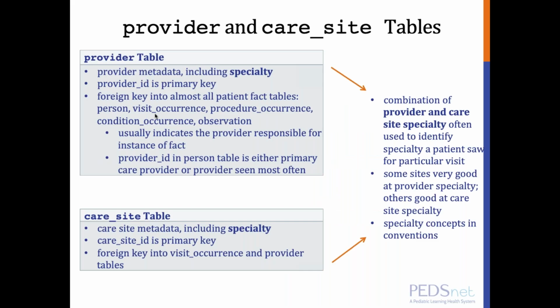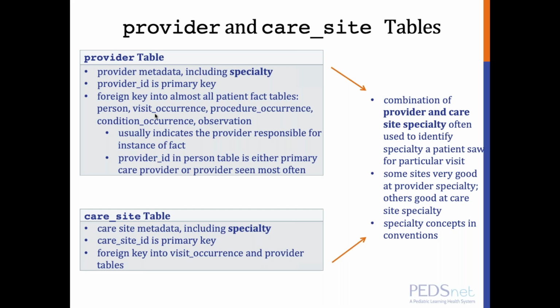The provider and care site tables we actually do use quite frequently when we're putting together queries and performing studies, and really we use specialty a lot, and we'll go into more detail about this.